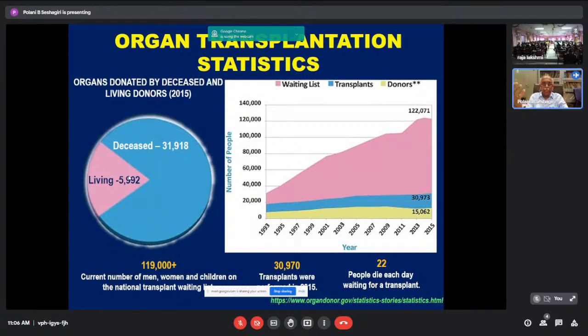Otherwise, young individuals who, unfortunately, suffer mortality due to accidents or some other reasons can become organ donors. And such organ donors can be used, but the number available is far, far less than the numbers that are required. And so there's a big mismatch of supply versus demand.